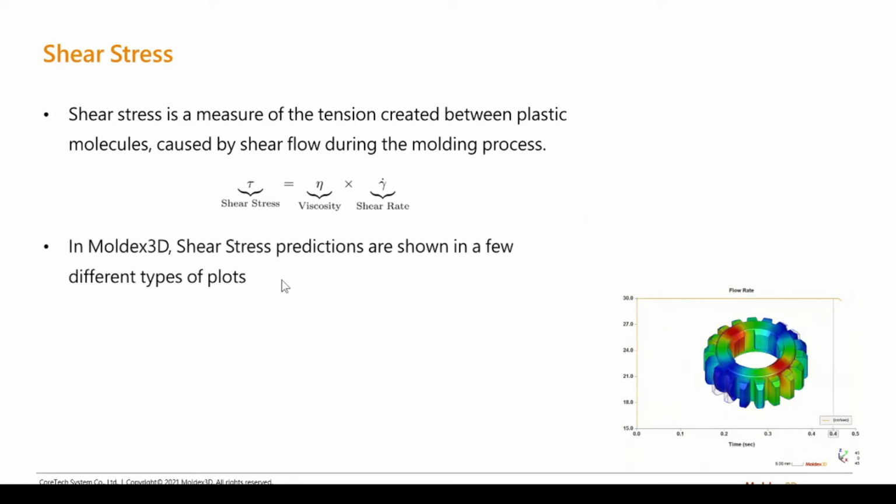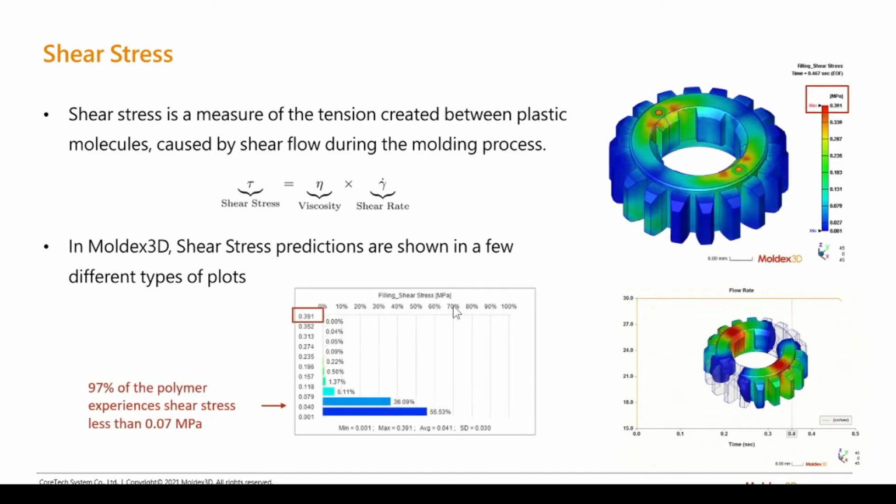occur. In Moldex 3D, shear stress predictions are shown in a few different types of plots, but the most common of which is the shear stress plot. The shear stress plot shows us how much stress is in a particular region of the part geometry, but one of the most important things to note is that usually higher than 97% of the material is not necessarily at the maximum value that you see.